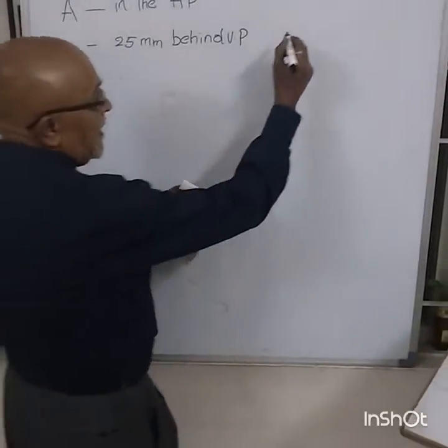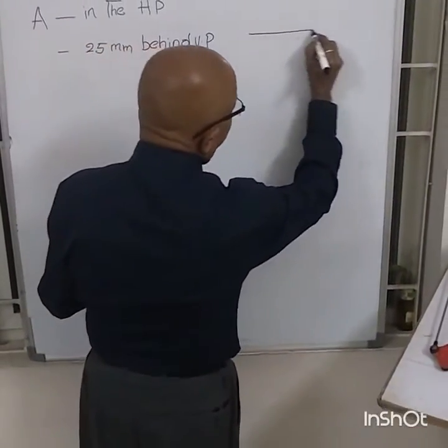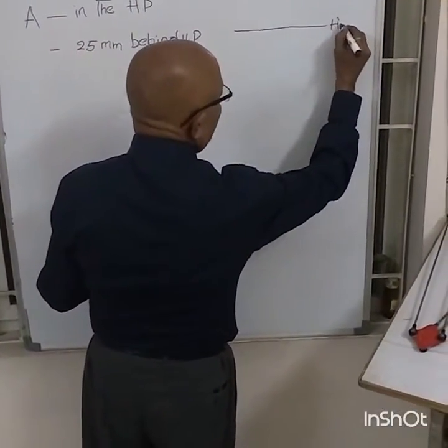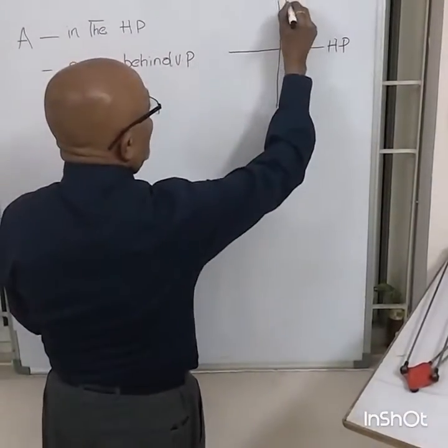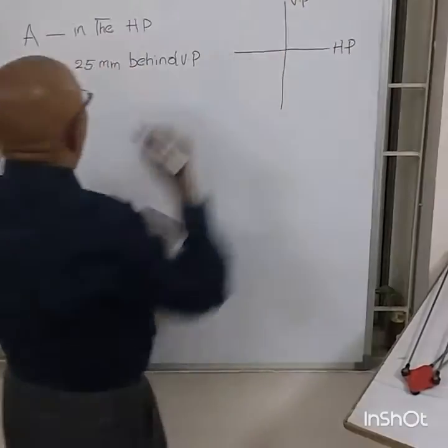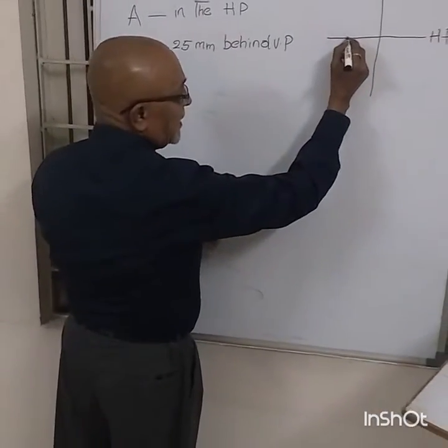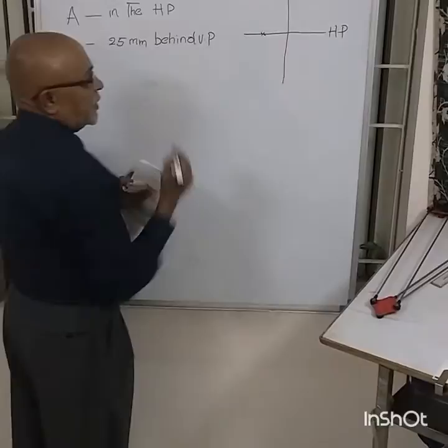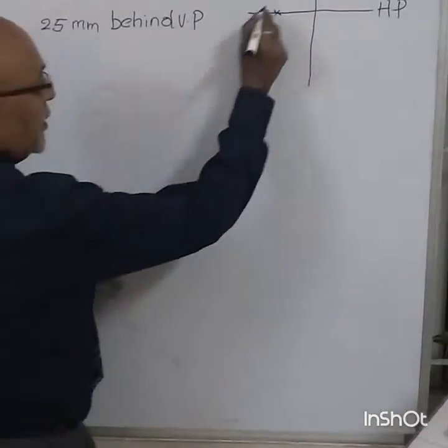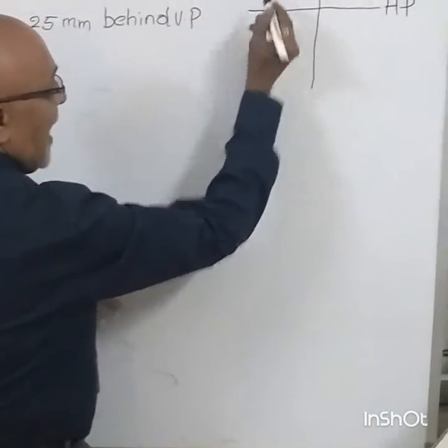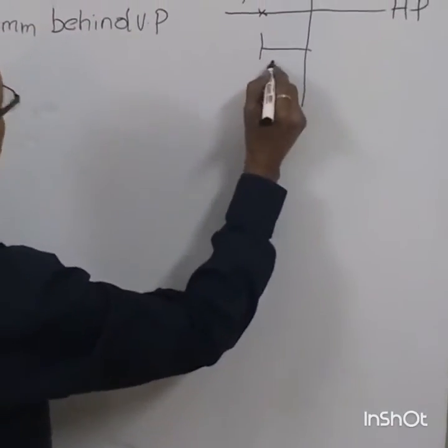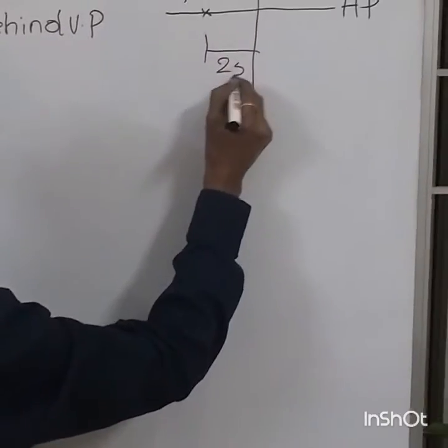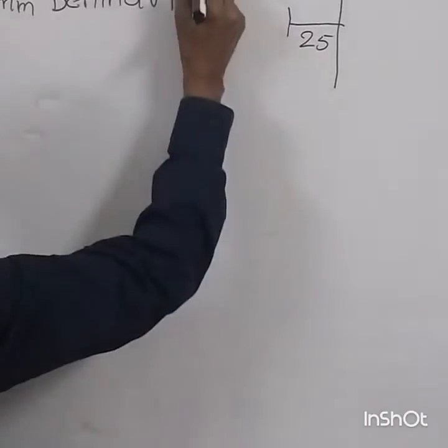which means, suppose this is our horizontal plane and this is our vertical plane, the point is in the horizontal plane and this distance behind the vertical plane is 25 mm, which means the given end A is actually in the third quadrant or third angle.